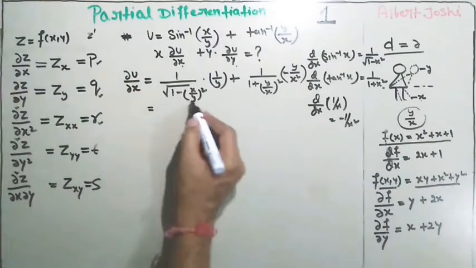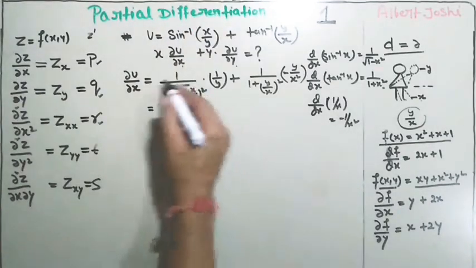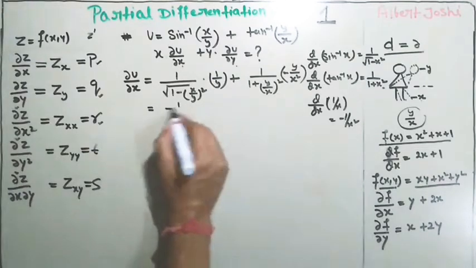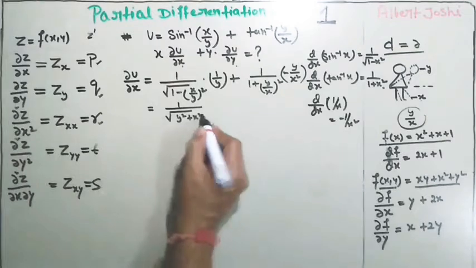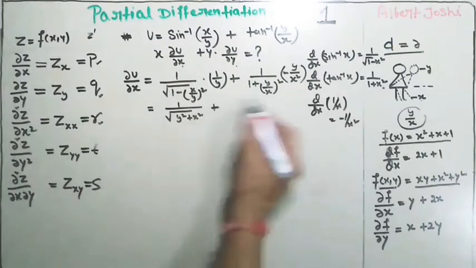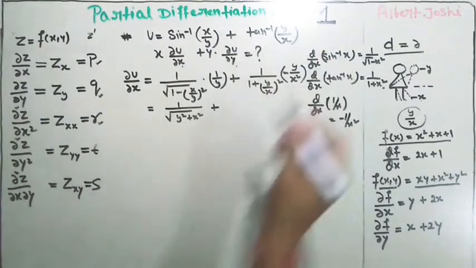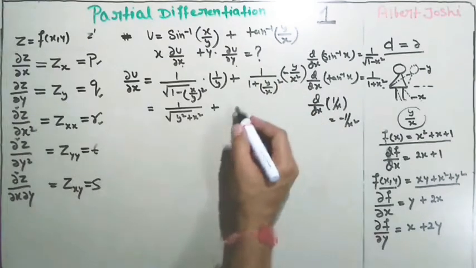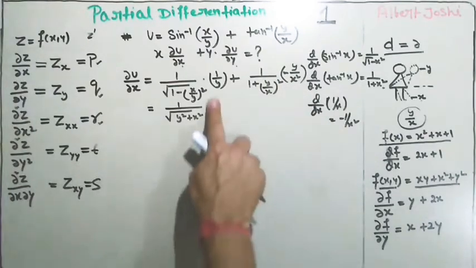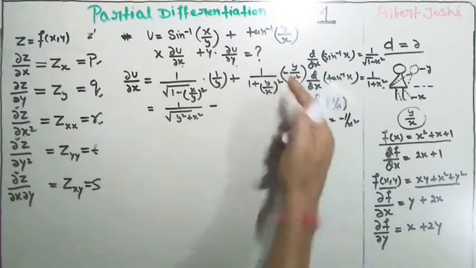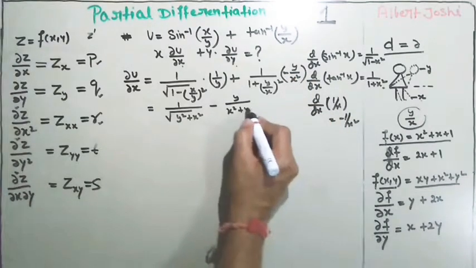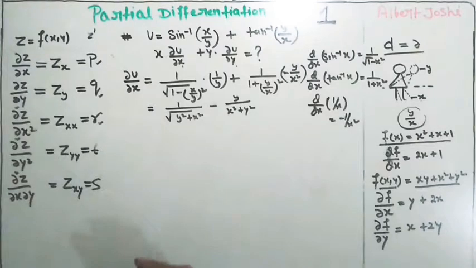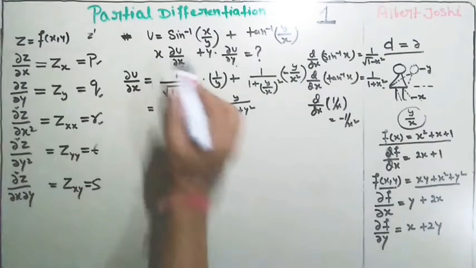This will come above, then both will cancel, then you will get 1 upon under root y square plus x square. Okay. Then plus, this will come here and it will come above, both will cancel, then you will get minus, because of this, y upon x square plus y square. Okay. Then you know that you have multiplied by x.